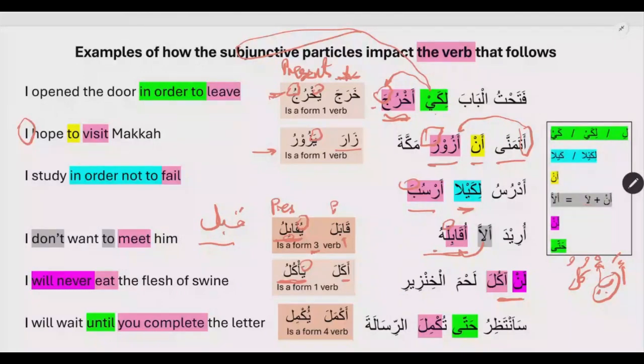Normally you don't have 2 alifs like that ever in the spelling, and even in the pronunciation it's hard to pronounce an alif with a sukoon when the letter before it is also an alif. So what happens when you have 2 alifs like this is that it changes to an alif with this little sign on top, which is not a fatha, it's an elongated fatha: akulu.